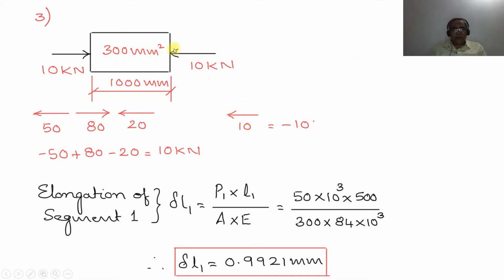Since on the other end it is acting towards the right side, both the forces are acting opposite to each other and hence it is going to be a compressive force.